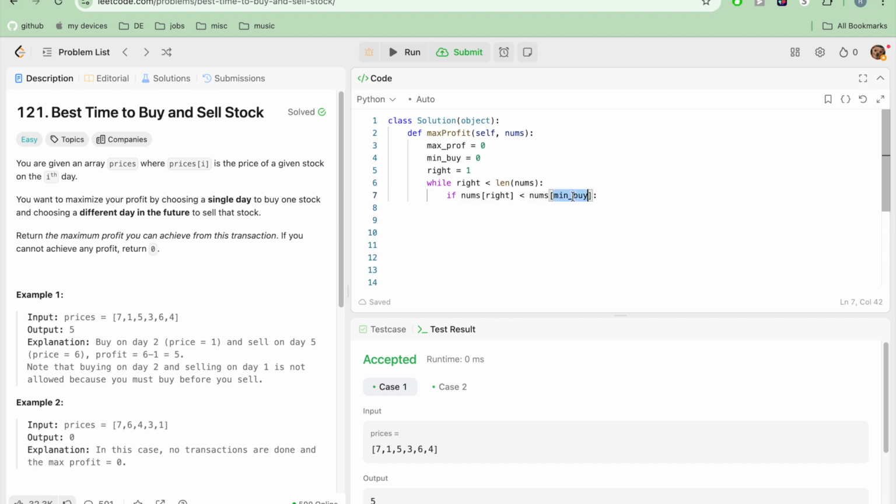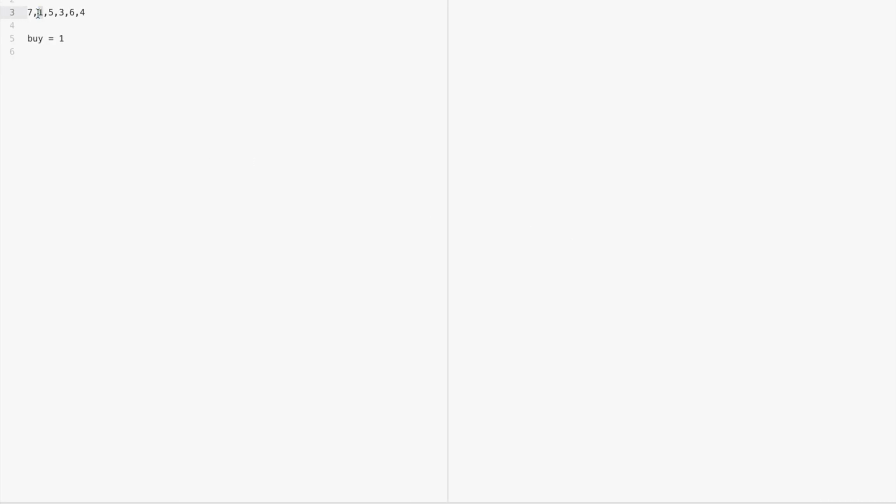Then we have to set this min buy to right, the new index, and that's what we did here. This was smaller than the previous buy, so my new buying price is 1. We are not saving the price, we are saving the index of that buying price.